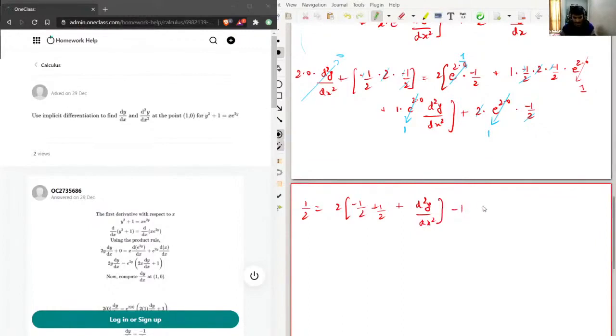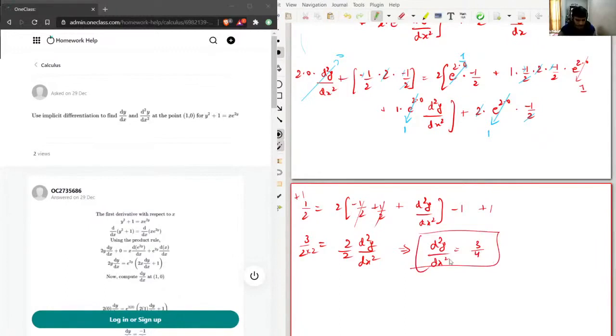So I can add 1 on both the sides, and after adding, this will become 3 by 2 equal to this, and this will get cancelled. 2 times d square y by dx square, just divide both the sides by 2, and this will be 3 over 4.